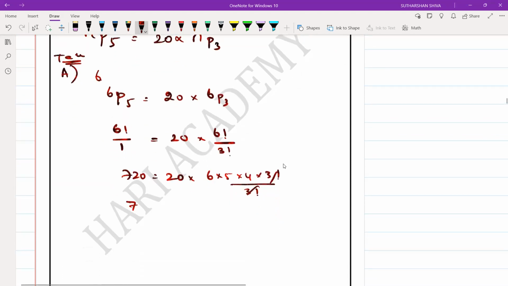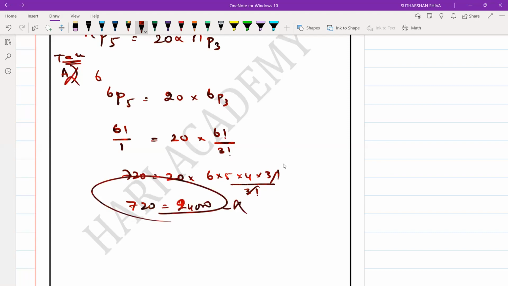So 720 is equal to 20 into 120. 20 into 120 you will get 2400. Never equal. So option A is not my answer.